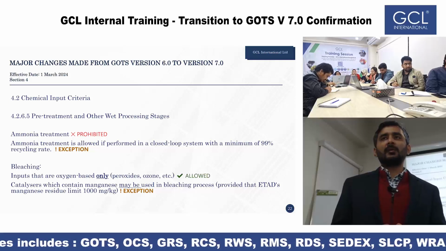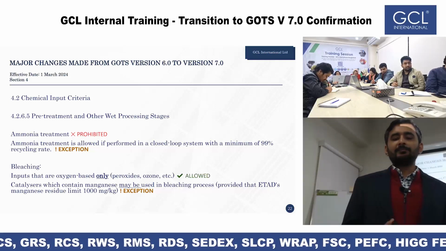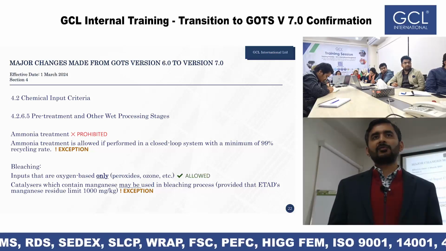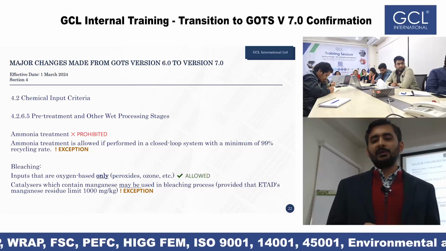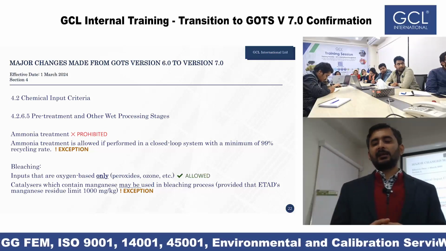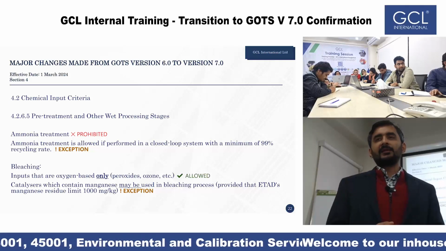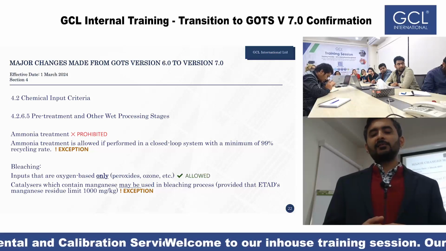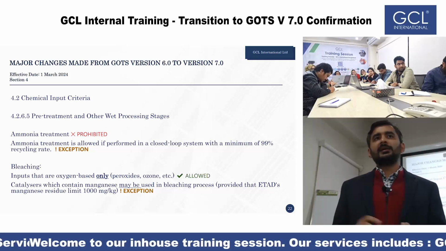In GOTS version 7.0 the requirement is the same, only oxygen-based bleaching is allowed, but with some new machinery and innovation, manganese catalyst can still be used for bleaching purposes. So GOTS has added an exemption for manganese catalyst. Any catalyst that contains manganese can be used for bleaching. The only restriction is that the residue limit of manganese should be within 1000 milligram per kg as per ETAD.